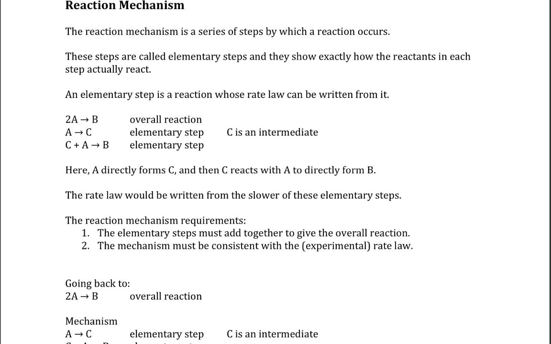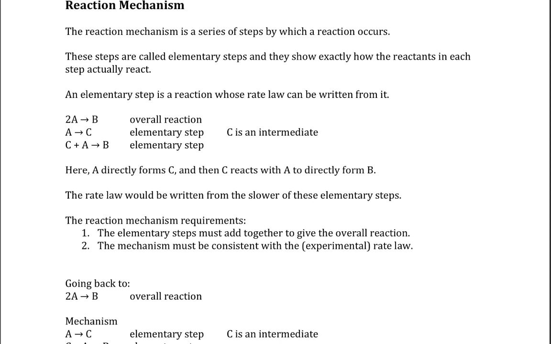In our first elementary step, A directly forms C. A just reacts to become C. Our second step is telling us that C reacts directly with another A to give B. And the rate law for this overall reaction of A forming B would be written from the slower of these two elementary steps.